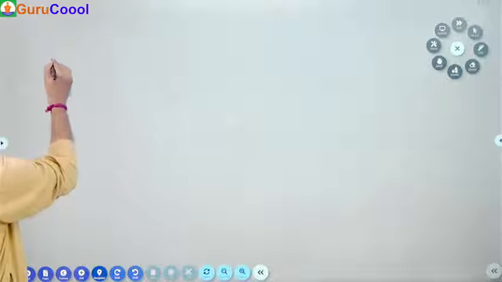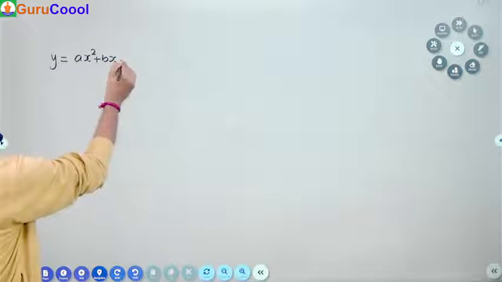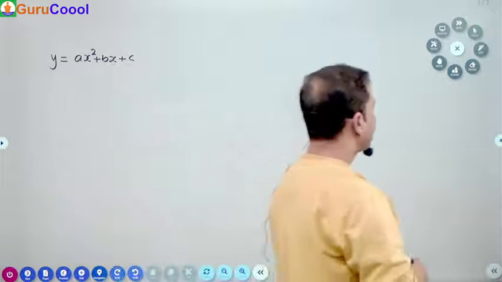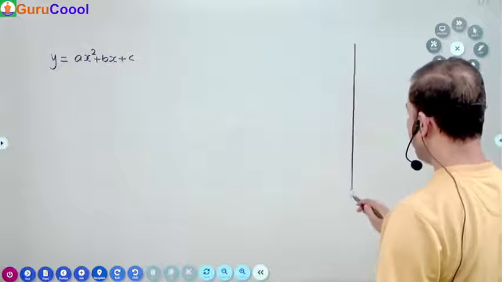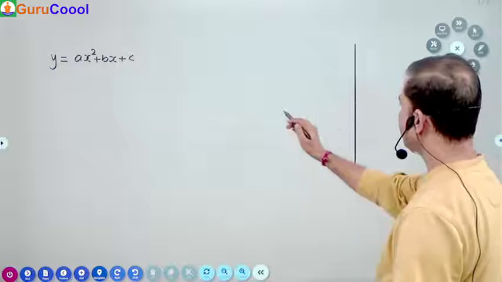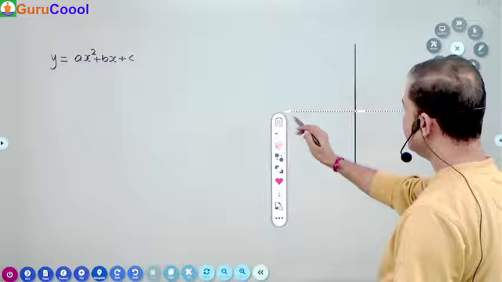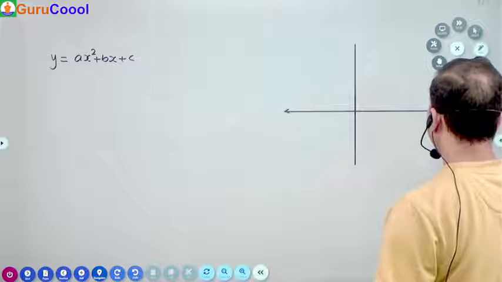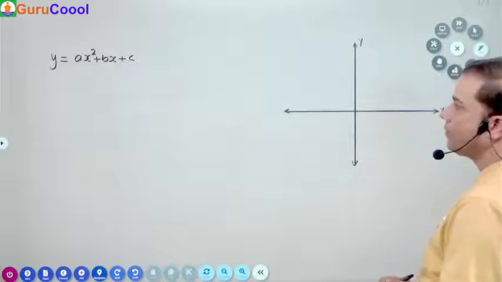All of us are known to this quadratic, ax square plus bx plus c, right? Graph of this quadratic may be of three types. See how? X-axis, y-axis. It may be of three types.